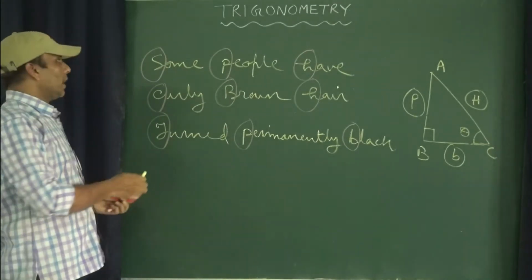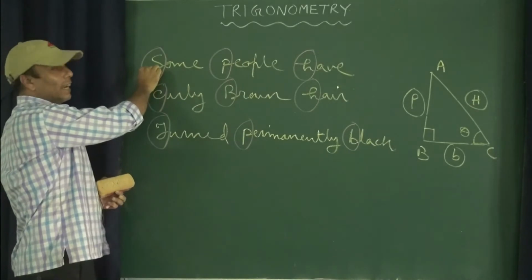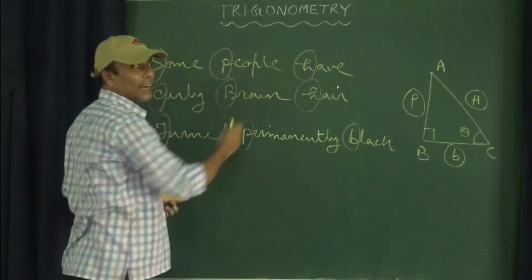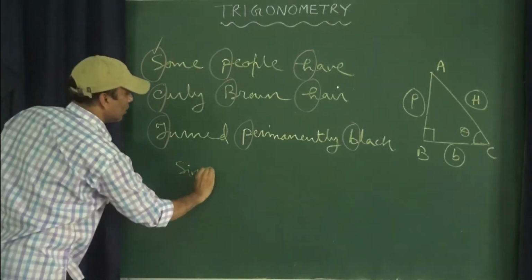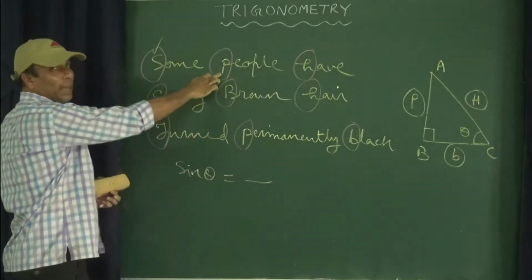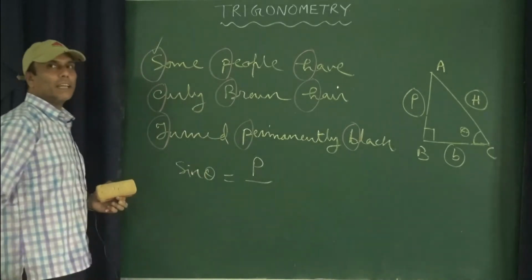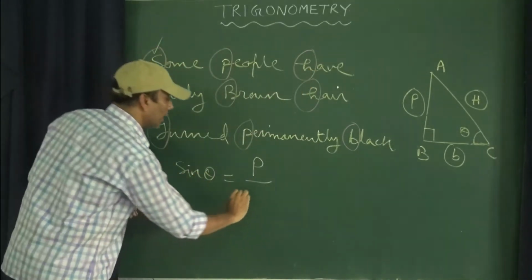Now see, it is very much interesting. So some people have, from there we have taken first letter S, then people's first letter P, and have's first letter H. So this S stands for sin theta. So sin theta equal to P. P stands for perpendicular. And this H stands for hypotenuse.